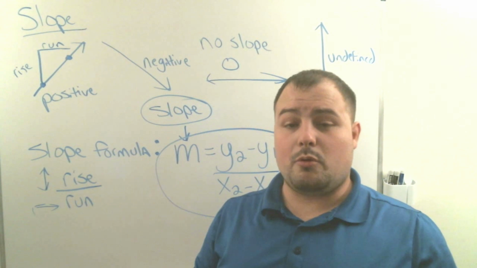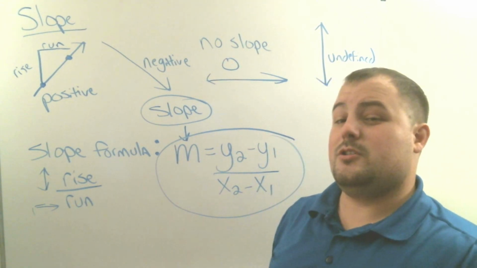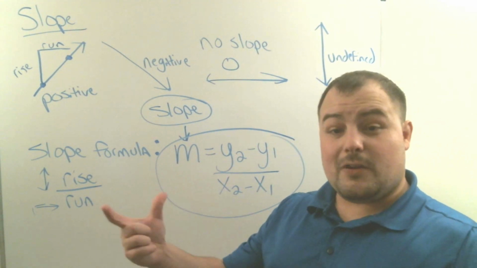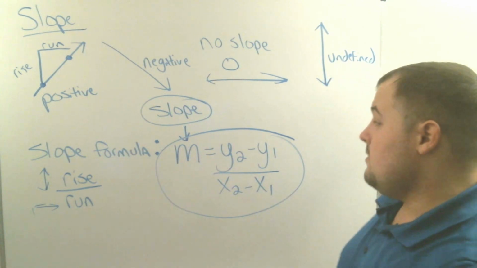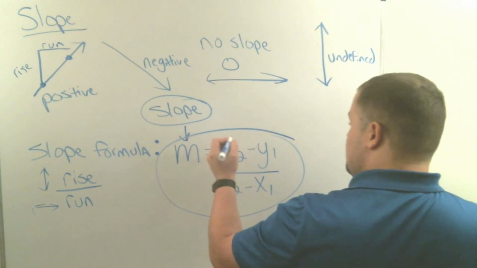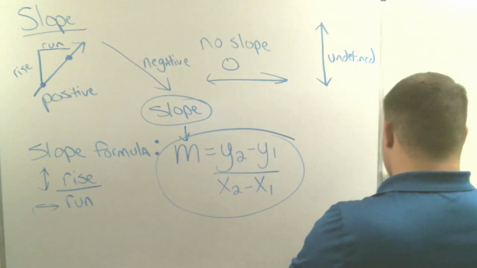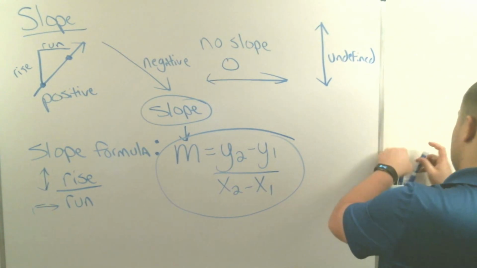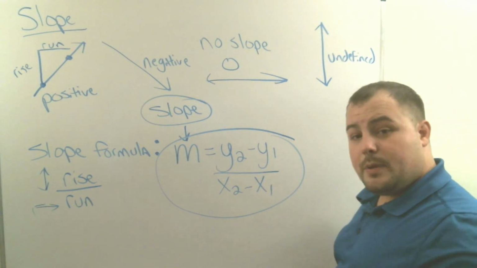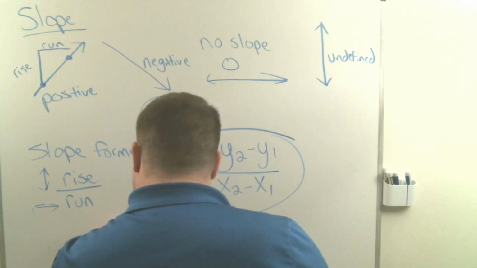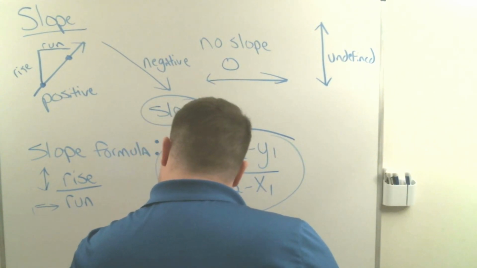And if you don't have 2 points graphed on a line, you might want to put 2 points on a line. Then if you can find the coordinates, you write the coordinates down. Anytime you're given 2 pairs of coordinates, you should label your coordinates first.